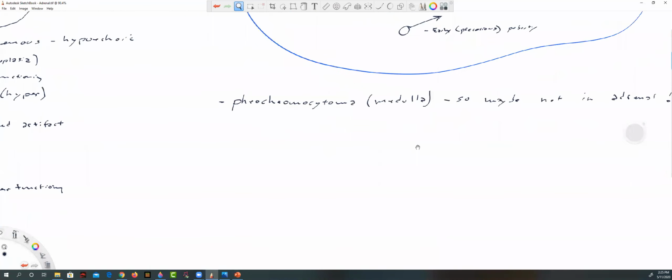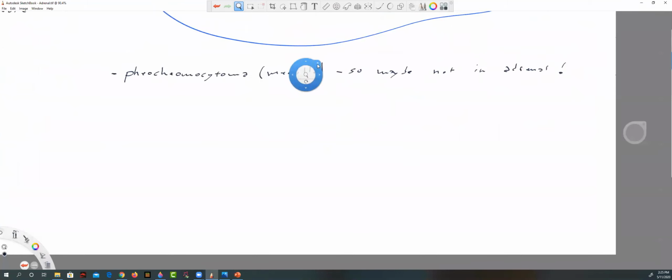So the most likely place to find one is in the medulla of an adrenal gland, but it doesn't have to be there. It can be elsewhere, and it'll have the same exact effects even if it's somewhere else.